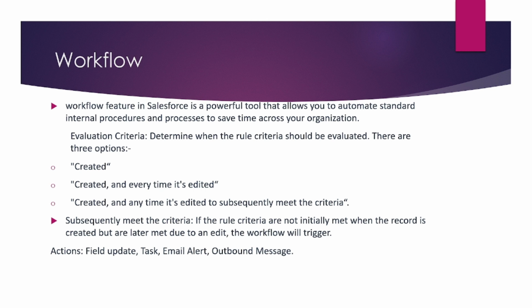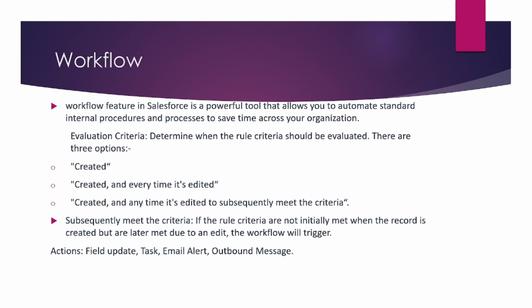After that, you have to understand evaluation criteria, which determines when the rule criteria should be evaluated. Like you put some rule, you define some criteria under that. So there are three options.